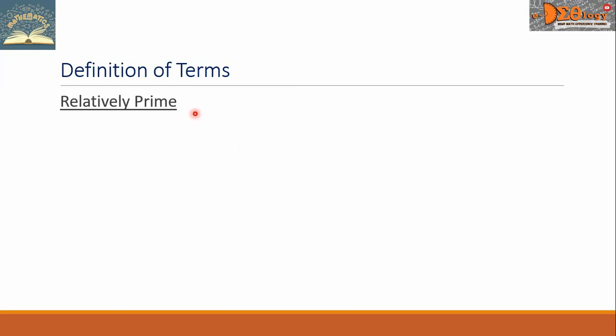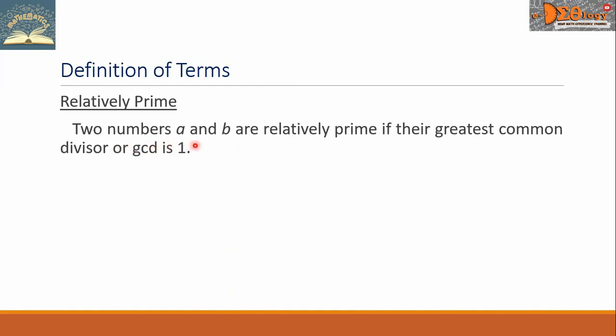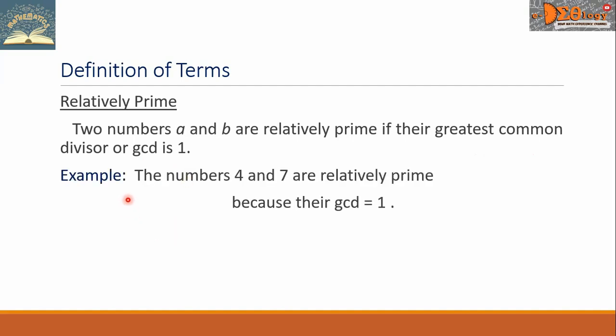Let us define relatively prime. Two numbers A and B are relatively prime if their greatest common divisor, or GCD, is 1. Example, the numbers 4 and 7 are relatively prime because their GCD equals 1. To check, let us write the divisors or factors of the two numbers 4 and 7.